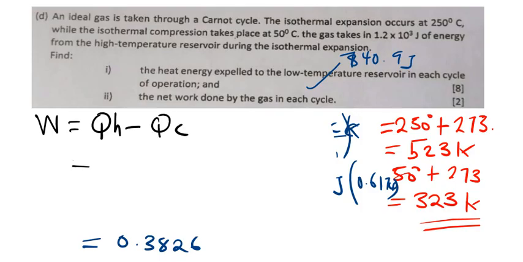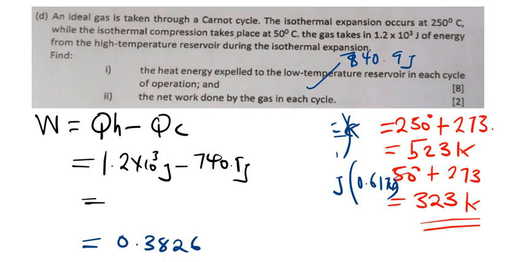That is the formula of the work. So the total work done: the energy that we put in was 1.2 times 10 to the power 3 joules, minus how much was expelled, 740.9 joules.